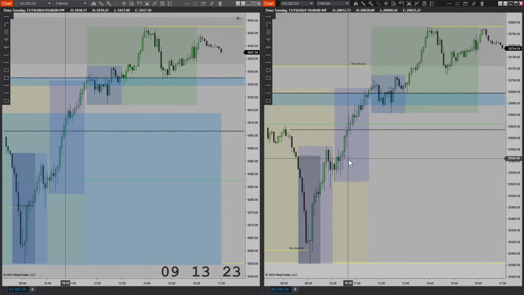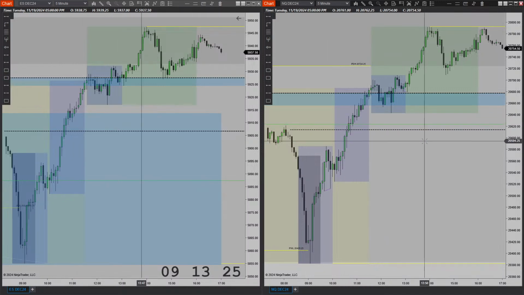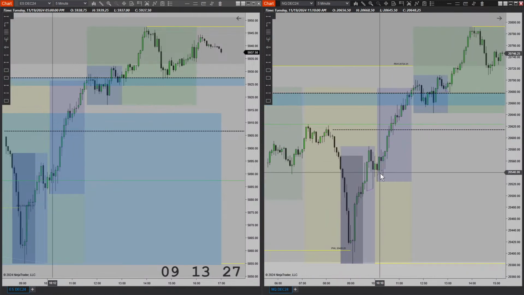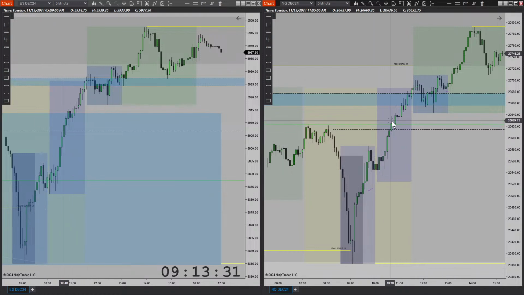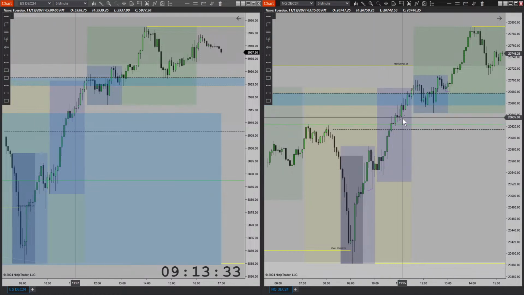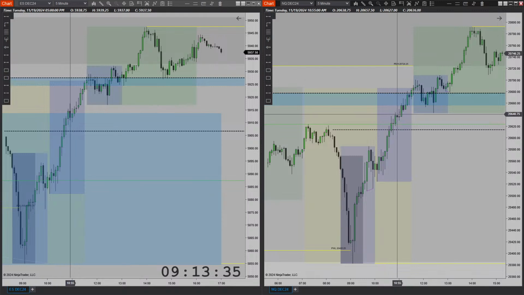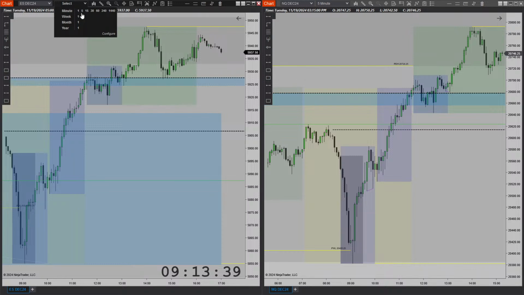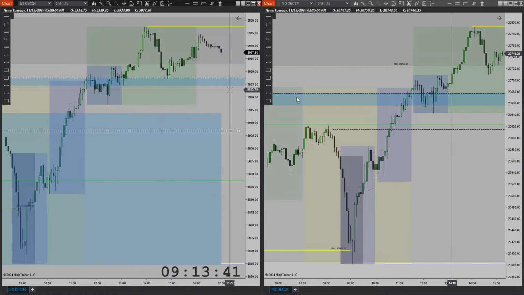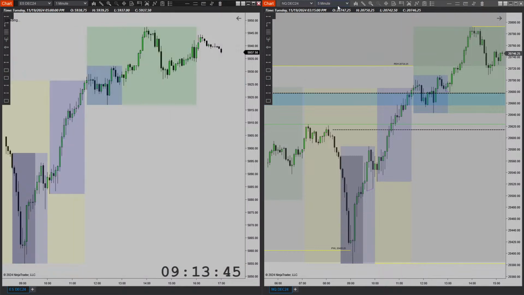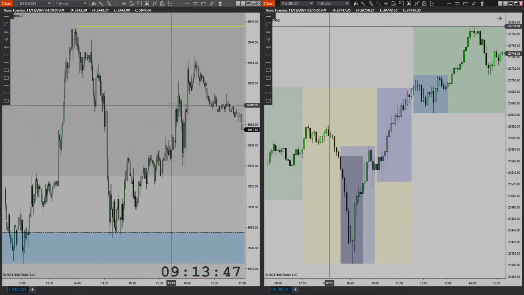Actually no, this is not right. Okay, so on the 5-minute, I don't see anything. Obviously, consolidation started here, but you want to see some sort of wicks and some sort of pivots aligned there. So I didn't see anything on the 5-minute, even though I already have the 15-minute gaps drawn there.